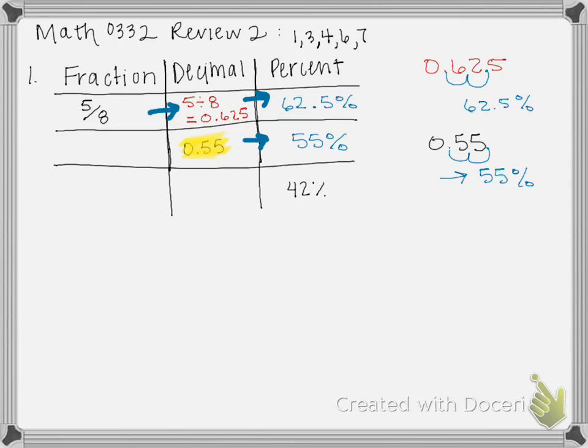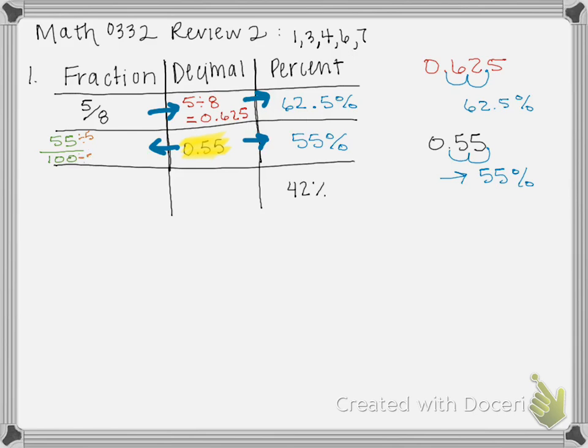So now we need to change our decimal to a fraction. There's a couple of ways we could do that. Since we have the percent, we could actually just put the 55 over 100, because percent literally means divided by 100. But we're going to have to reduce that. So 55 and 100 have a common factor of 5.